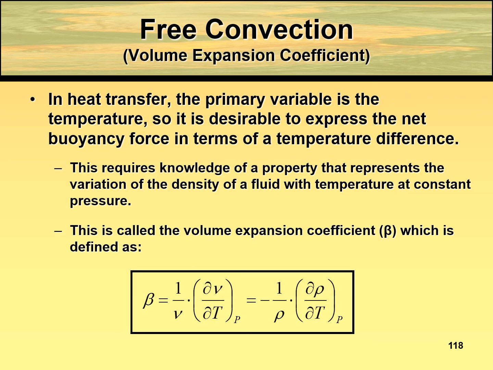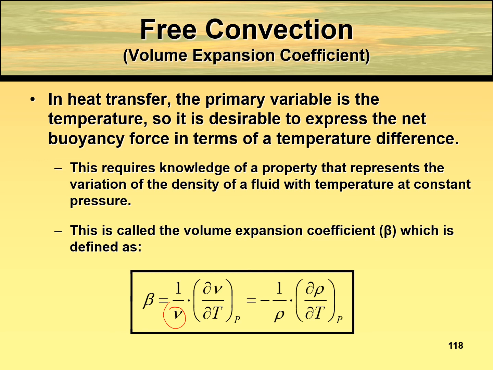So for free convection, the volume expansion coefficient is defined as 1 over V times gradient V over gradient T, which is -1 over rho times gradient rho over gradient T. It is a property required to represent the variation of the density of a fluid with temperature at constant pressure, and this is the volume expansion coefficient beta, defined by this equation.